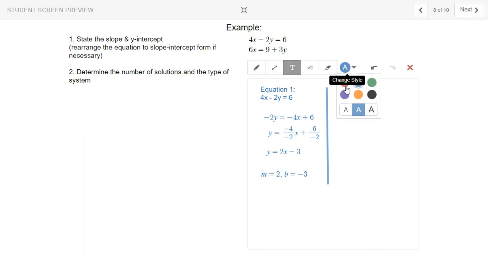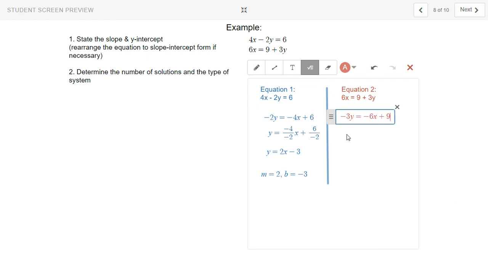Okay, our second equation, equation 2, 6x is equal to 9 plus 3y. Let's rewrite this. I'm going to move the 3y, so we have 3y is equal to negative 6x plus 9.